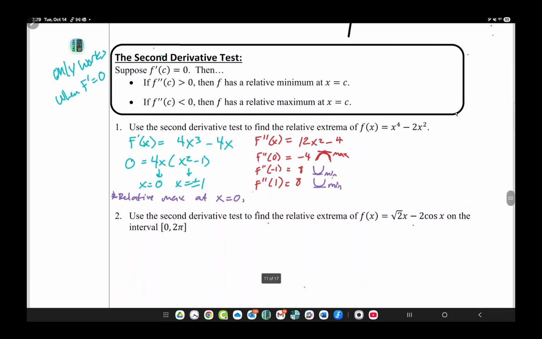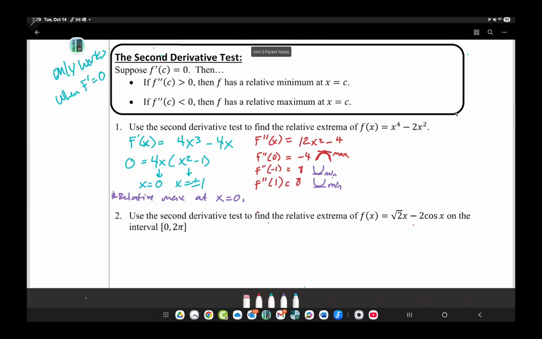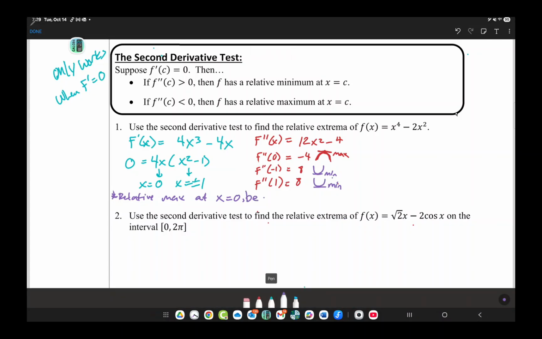So because f prime of 0 is equal to 0, and the second derivative at 0 is less than 0.